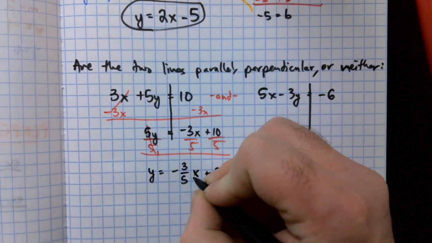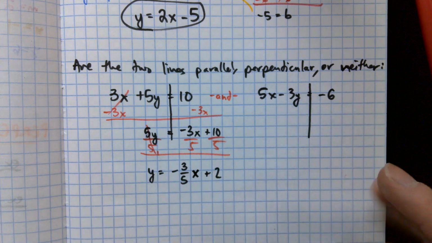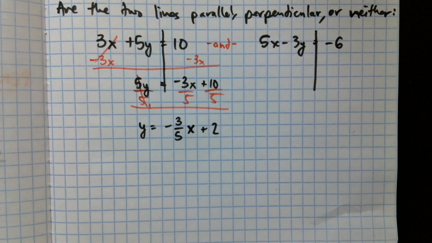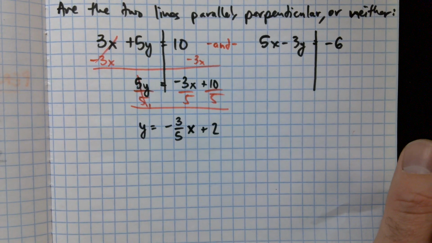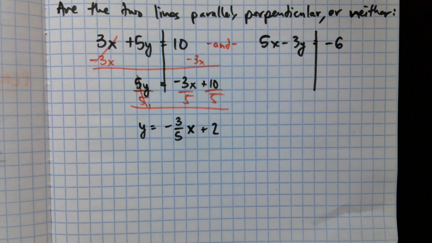So what did you guys get for the first one? We need to put the standard form equation in a form that we can clearly see what the slope is when we look at it.